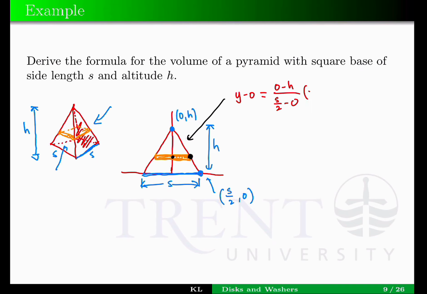times x minus s over 2. Because I use this y coordinate for this part, I have to use the corresponding x coordinate. So if we simplify this, we'll just have y equals 0 minus h, that's just negative h.